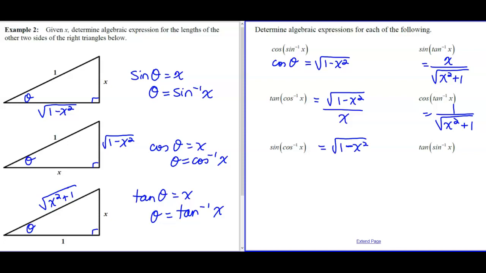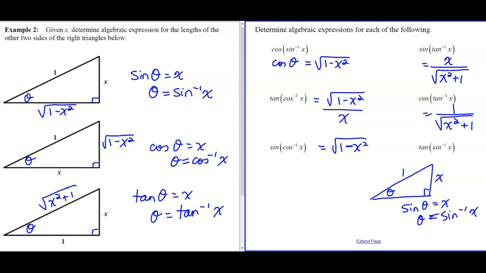Okay, so then if this one was on a test, they're different, I notice. One's an inverse, but they're not both tan or both sine. So I draw my right triangle. Here, I want the sine of an angle to be equal to x. So sine is opposite over hypotenuse. So sine of theta equals x, so theta equals sine inverse of x.